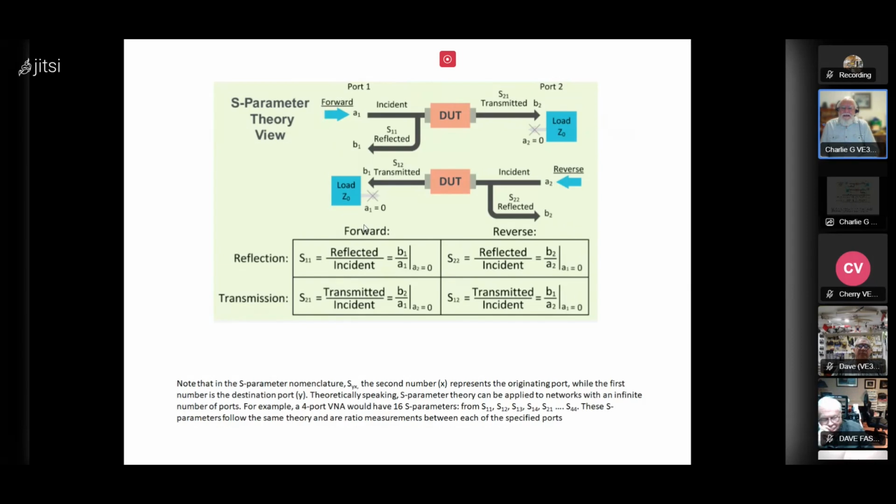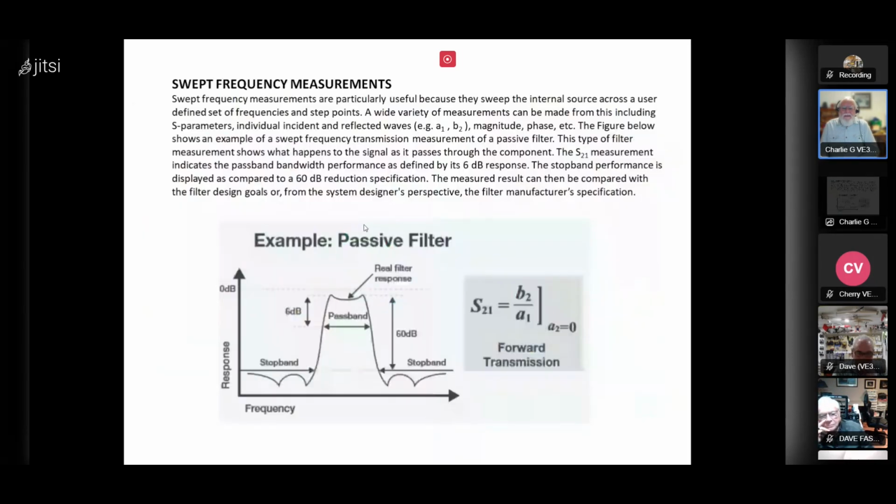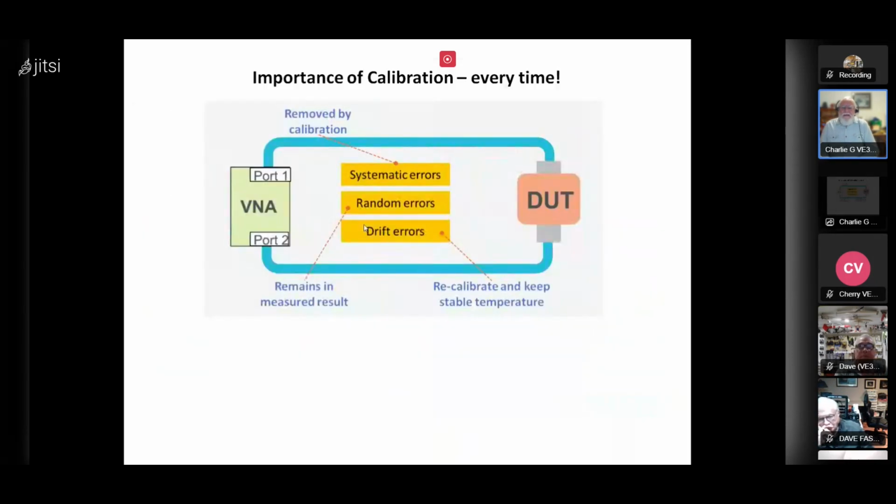All right, I'll move forward again here. One of the things I wanted to point out that's really important is calibration. Those of us who have NanoVNAs, it's very easy to grab the thing, bring up the last calibration we did on it and start measuring.